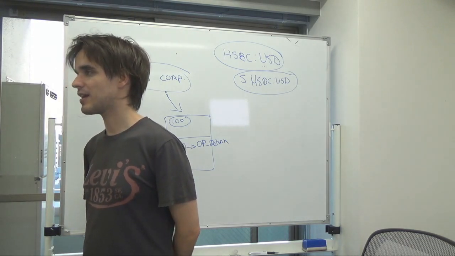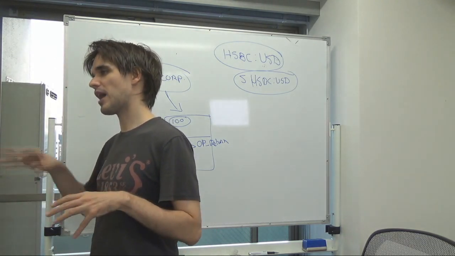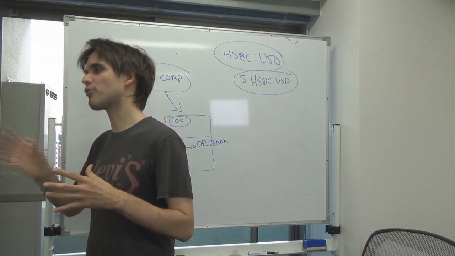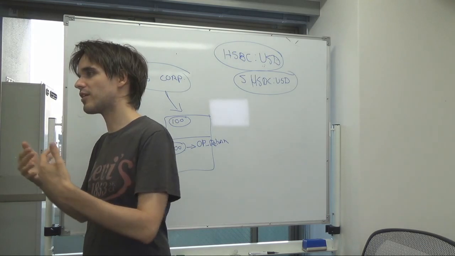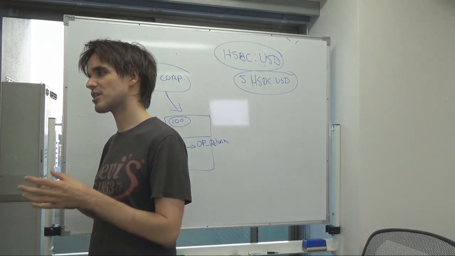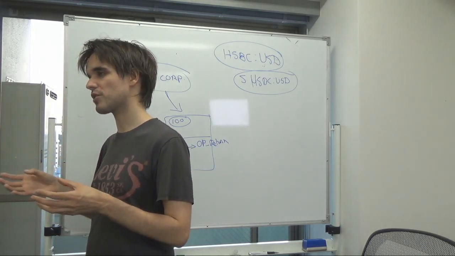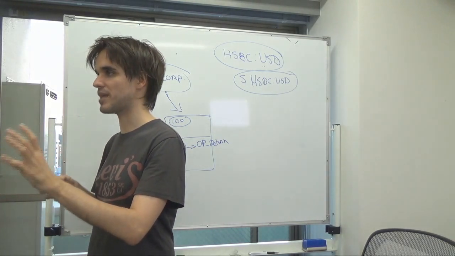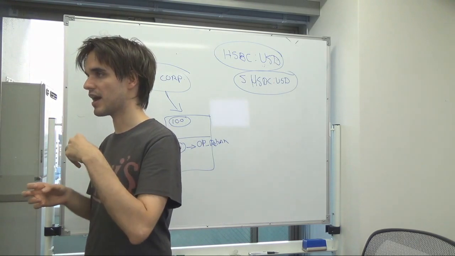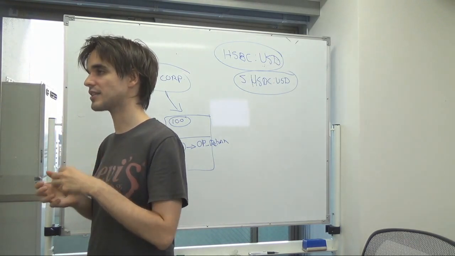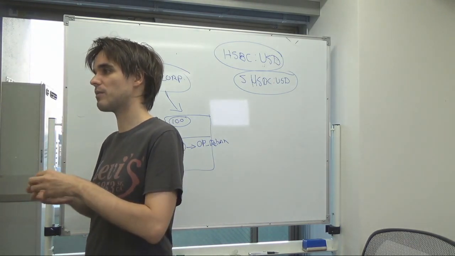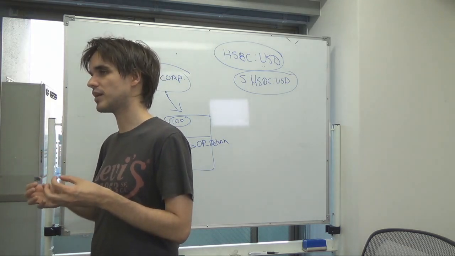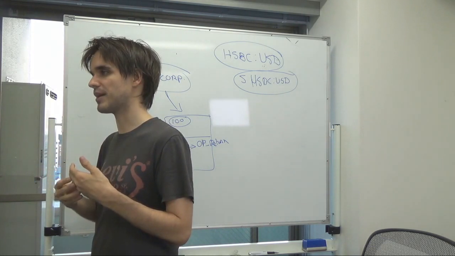I think one thing with the colored coin protocol that we won't be able to solve is this trust relationship that must exist between the issuer and the receiver. I think that's the most important. Even if we have a smart contract, it will be hard to remove this trust relationship.